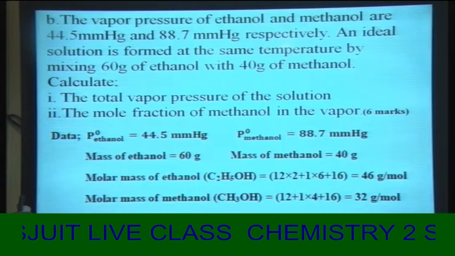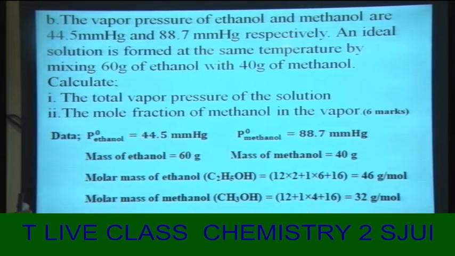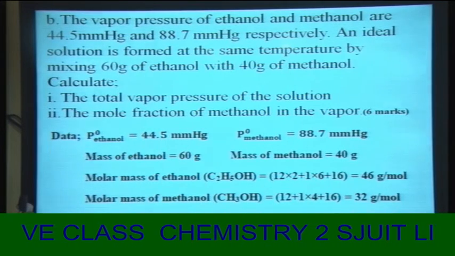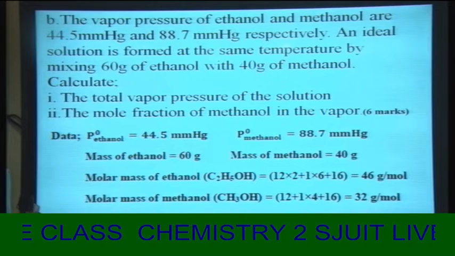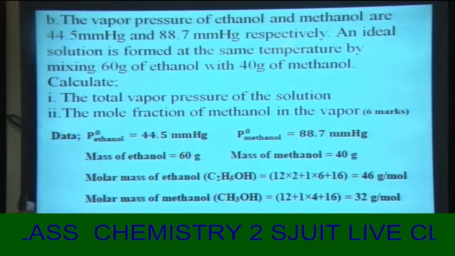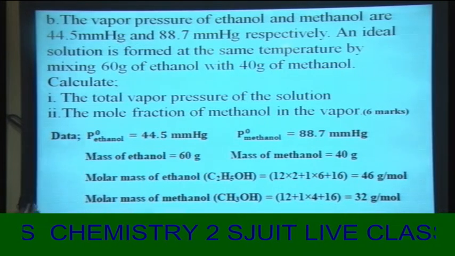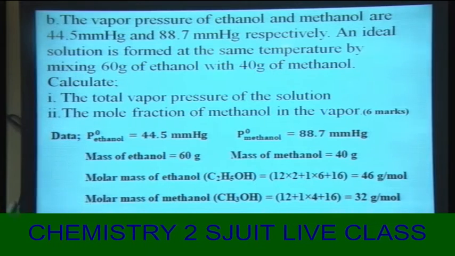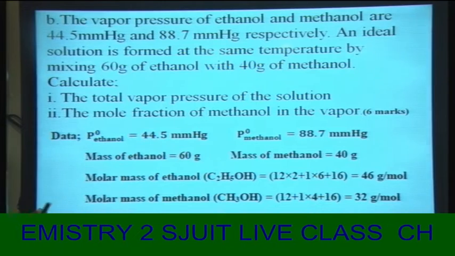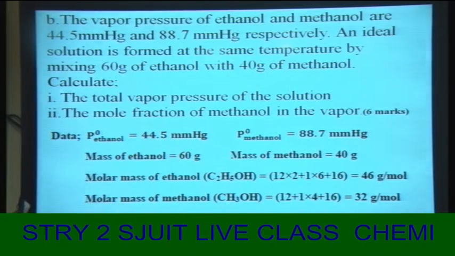Mass of methanol given is 40 grams. We also need to remember the molar masses. Molar mass of ethanol is 46 grams per mole, from summing the atomic mass of each atom in the molecular formula. Molar mass of methanol is 32 grams per mole.